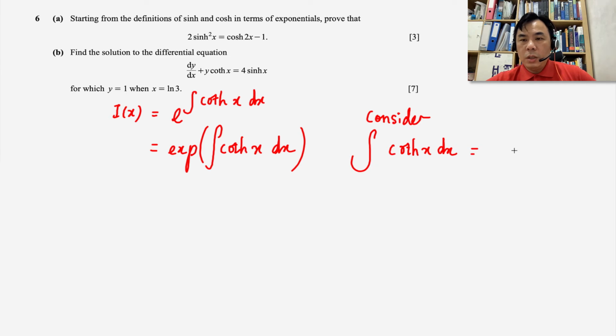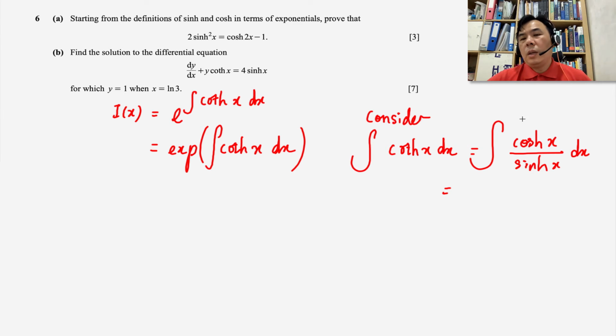Now coth is basically cosh over sinh. And then you can actually integrate this quite easily by using substitution. If you integrate this using substitution, let u equal to sinh x here, you will end up with ln sinh x there.